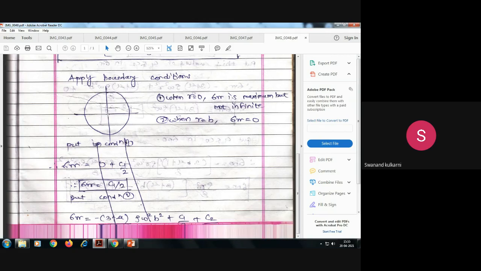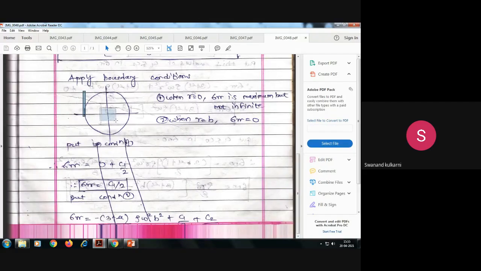But when r becomes equal to b, suppose in this particular circle this radius is considered to be b, then at this outer stage the radial stress becomes equal to 0.